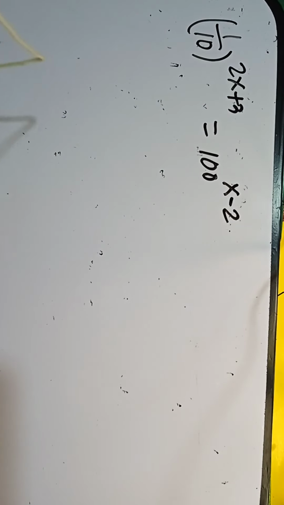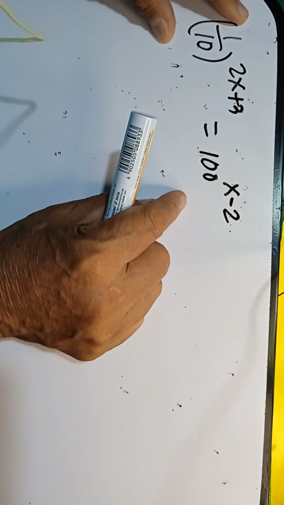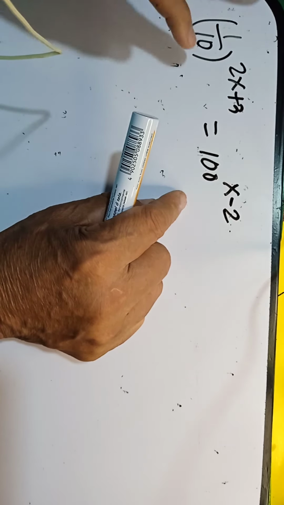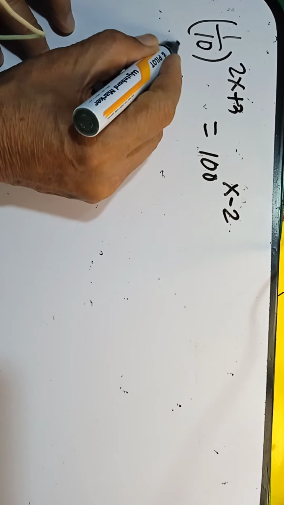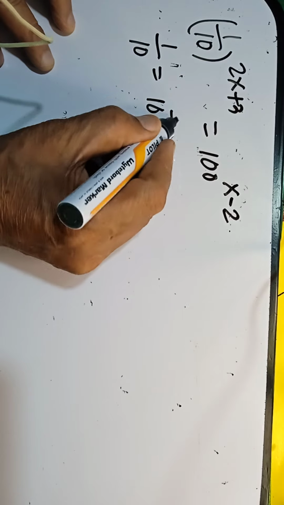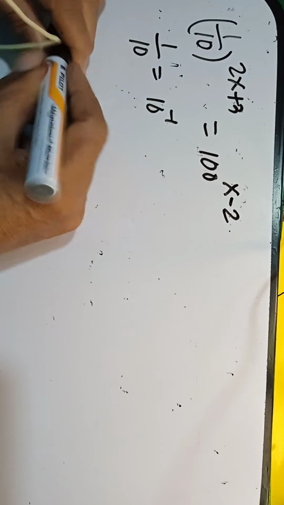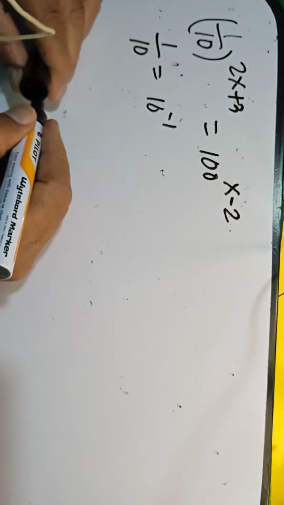Now, the bases are not equal because it is 1 over 10 and 100. But 1 over 10 can be expressed as 10 raised to negative 1.